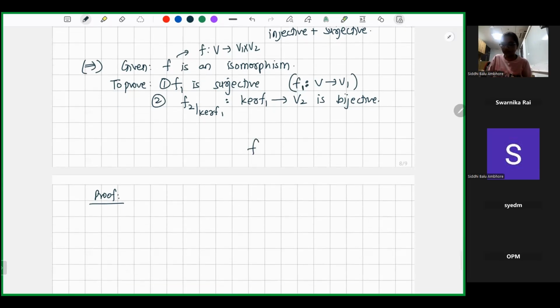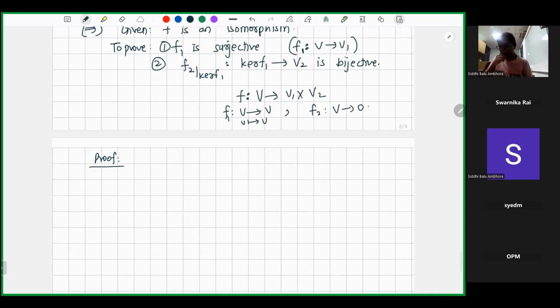For example, if I take F from V to V1 cross V2 such that my F1 is just V going to V, suppose my V1 is V, and my F2 is V going to 0.